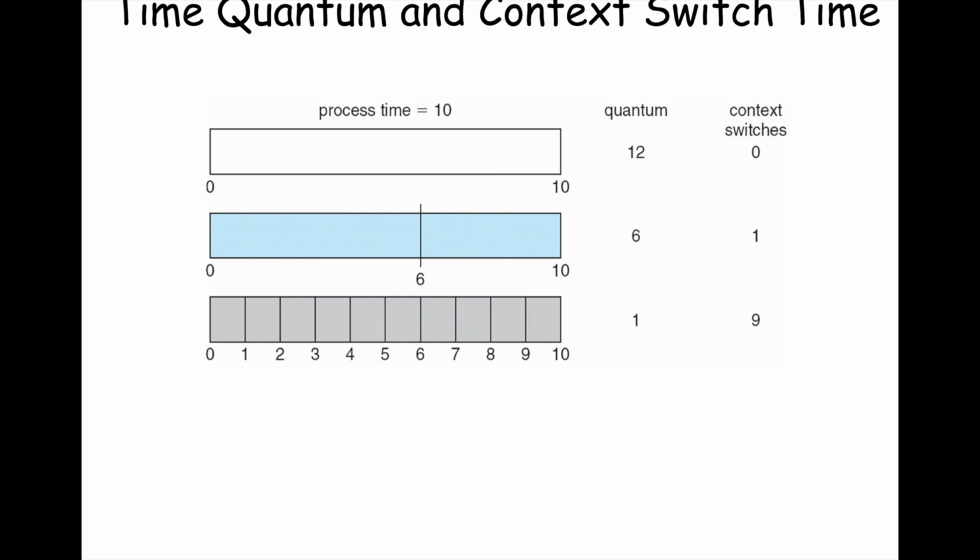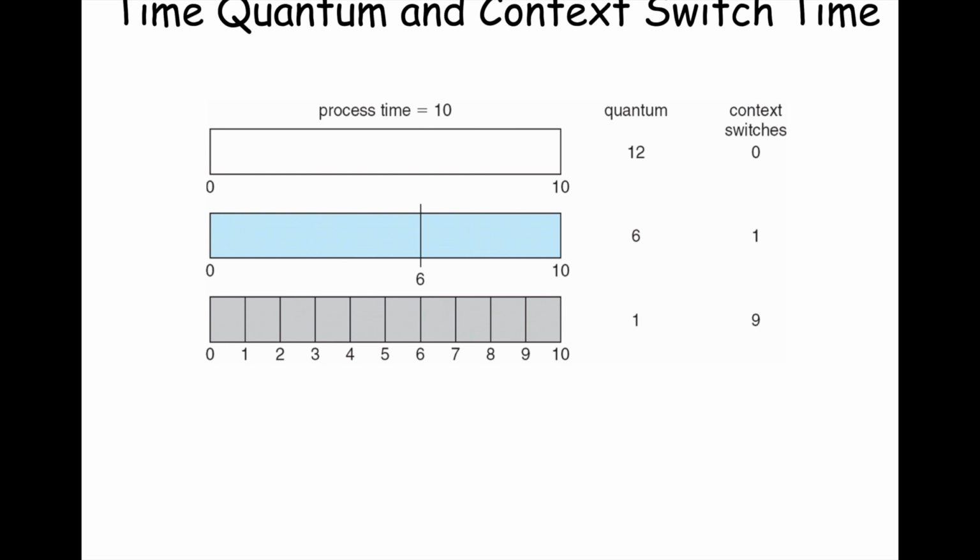So let's take this next example, and let's say the quantum size is cut in half to be 6 milliseconds. Now, over this span of 10 milliseconds of time, you can imagine, you set your stopwatch at 0, and then 10 milliseconds later, you stop the stopwatch. Now, in that case, right at the 6 millisecond point, that quantum expires.